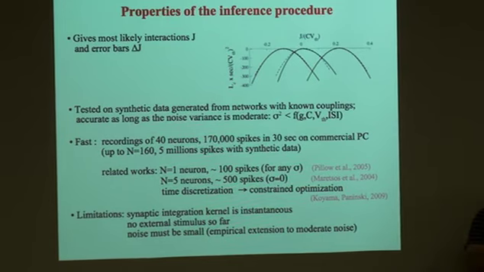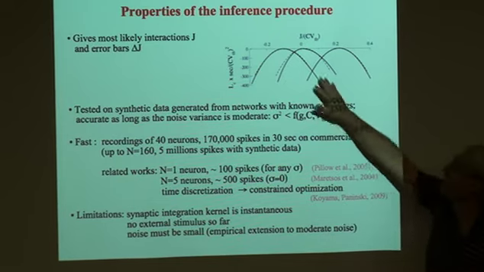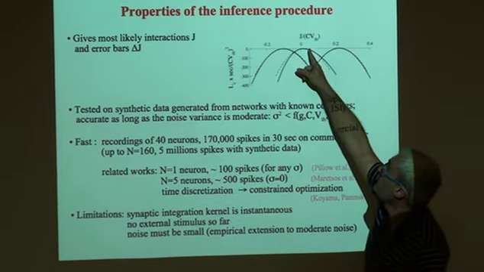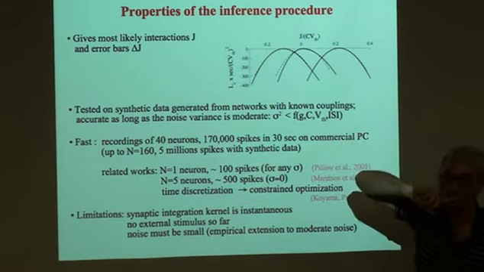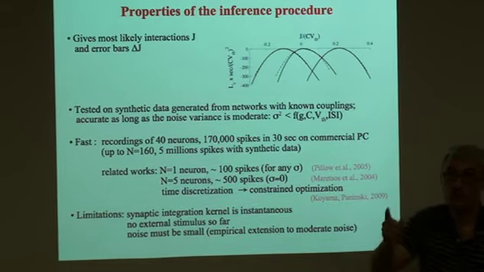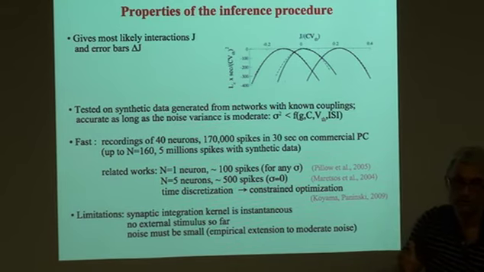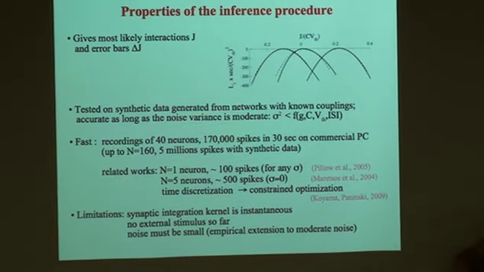So you get something more and more concentrated if the recording is very large. So if the most likely value of the interaction is non-zero, but the error bar is so huge that it's compatible with 0, just forget about the interaction. So it's important to know the width of this curve.